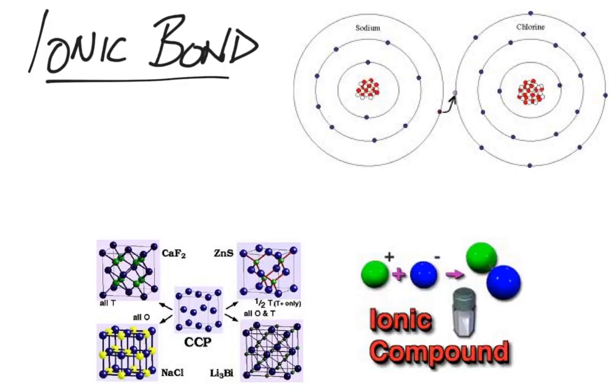All right, so let's talk a little bit more specifically about an ionic bond. The ionic bond is an electrostatic force. Now, that's just a really complicated way of saying opposite charges hold them together. The biggest thing to remember about an ionic bond is we're talking about a transfer of electrons.